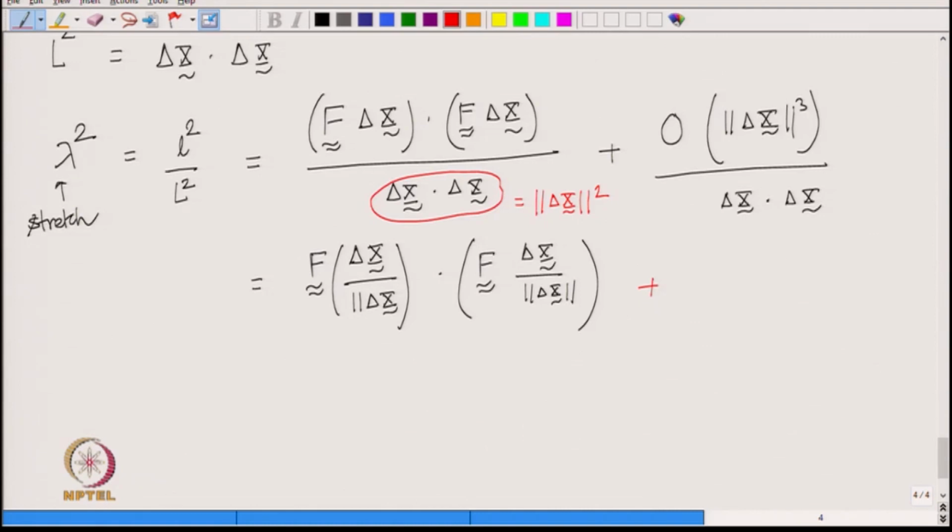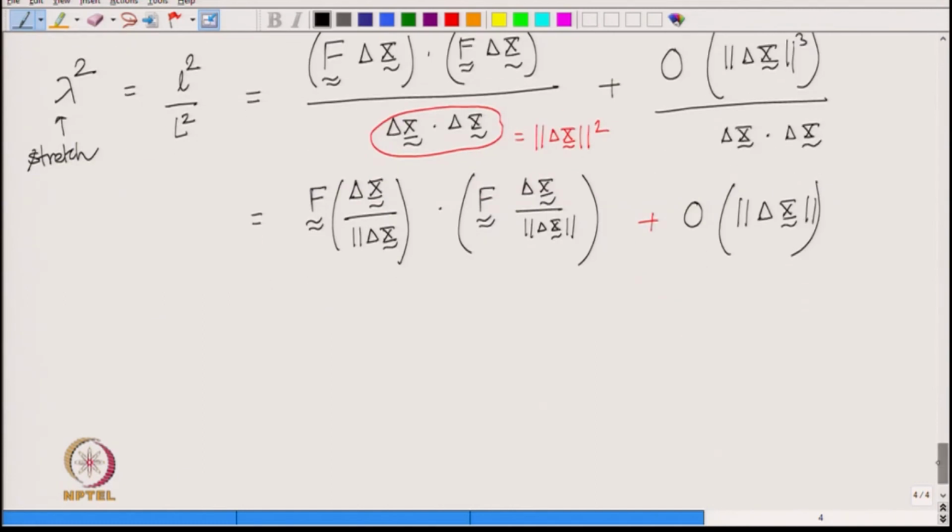So, when you divide the delta big X cube with delta big X square, it becomes delta big X, right. So, this becomes big O of delta big X, isn't it?